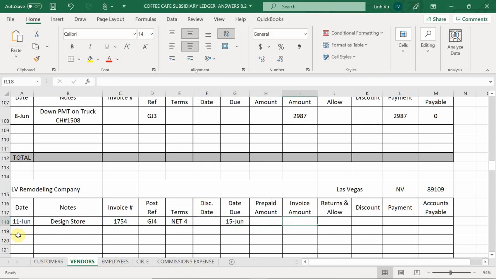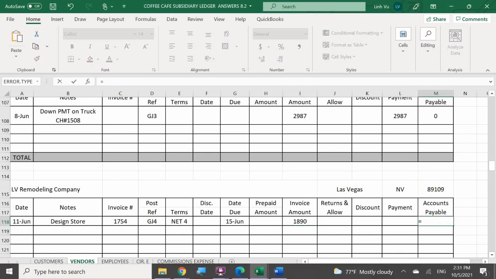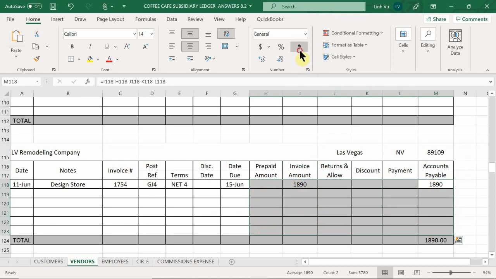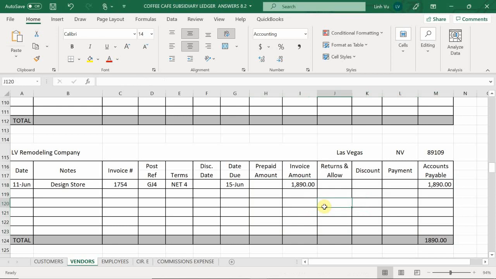In this case, how much was I invoiced for? 1890. And I didn't make a payment to them. So if I apply my formula, I should get that I owe LB Remodeling $1,890. Good.